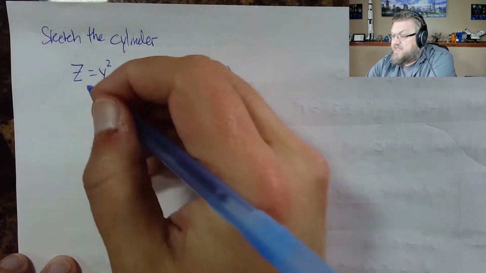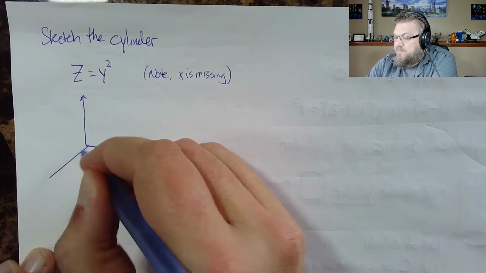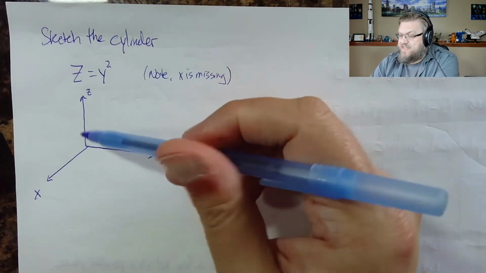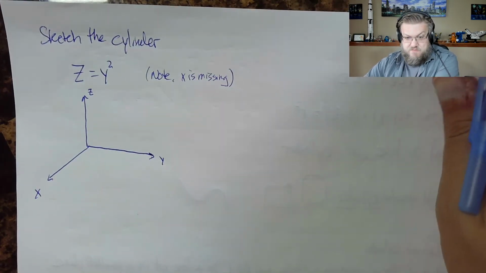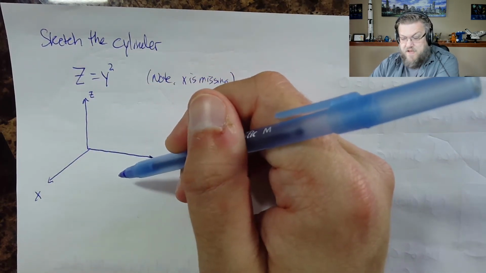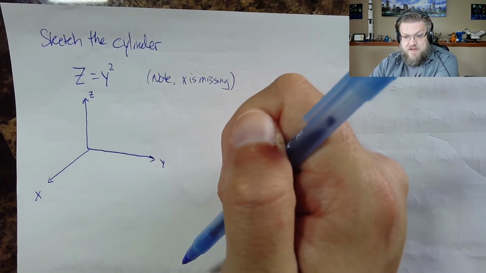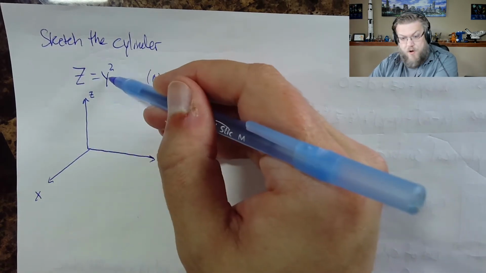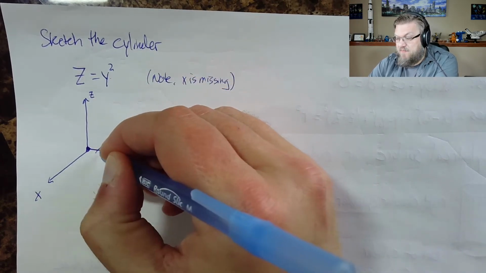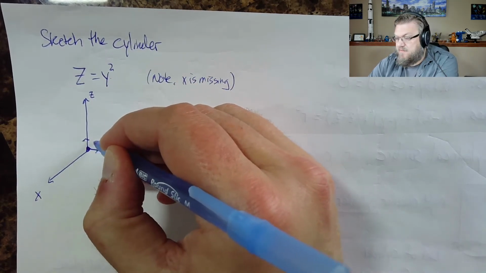So to get an example on paper, how can I draw that? Let's draw our 3D coordinate system, our x-axis, y-axis, and z-axis. And let's think of x being 0 for the moment. If x is 0, that means I'm living in the yz plane. And in the yz plane, z equals y squared looks like a parabola. Because if z is 0, y has to be 0. If y is 1, so I'm 1 unit over, z has to be 1 squared, so that's going to be 1 as well.